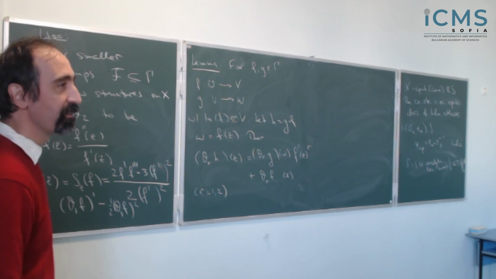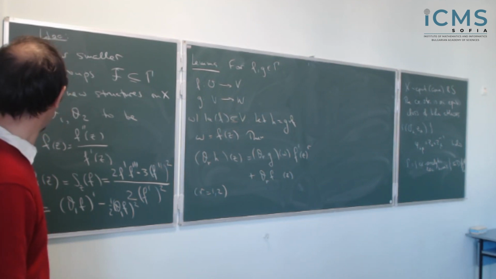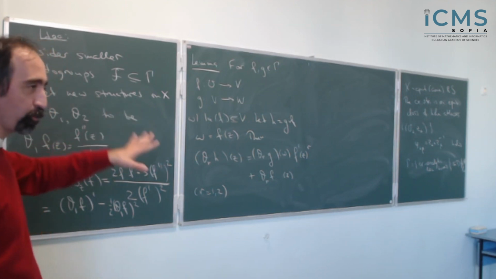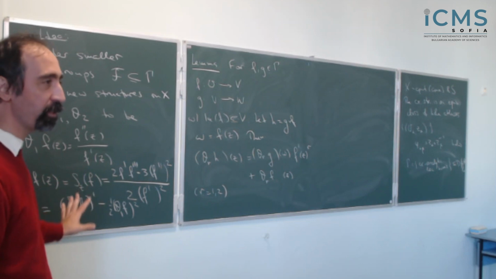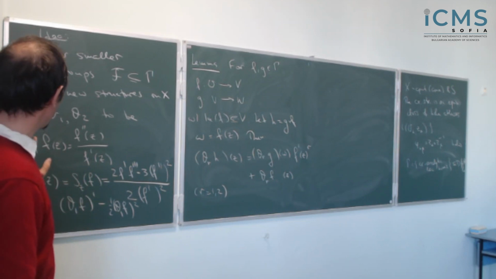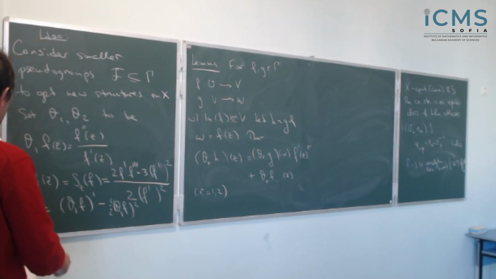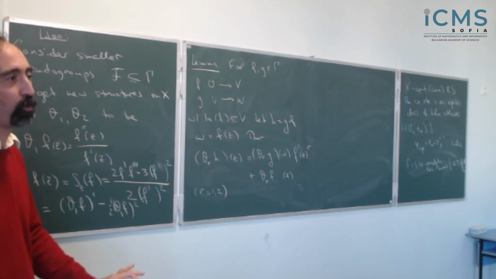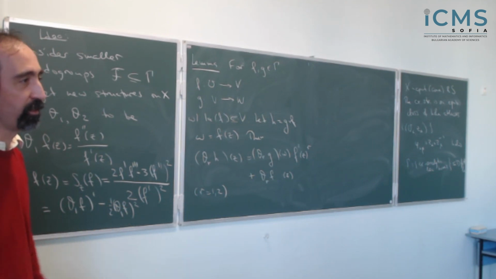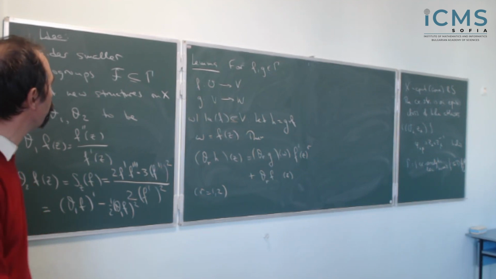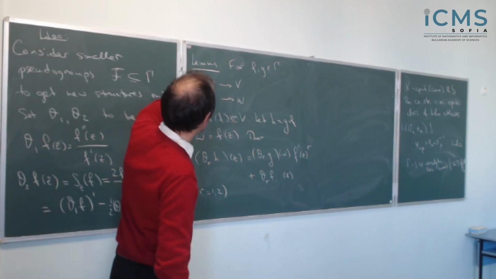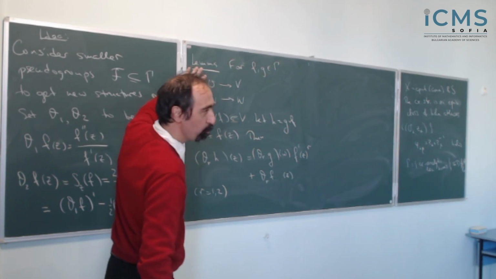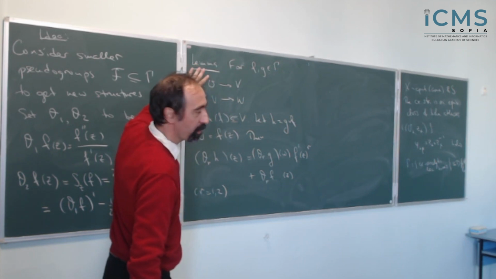Peter? Yes. When we define theta 1 and theta 2, it seems they depend on the choice of coordinates. So yes, we're making a local statement. So far we're working on an open set in C. This is a purely local statement.